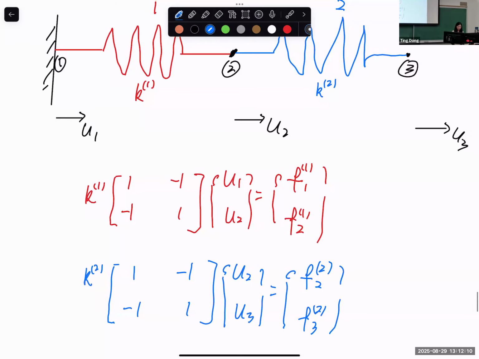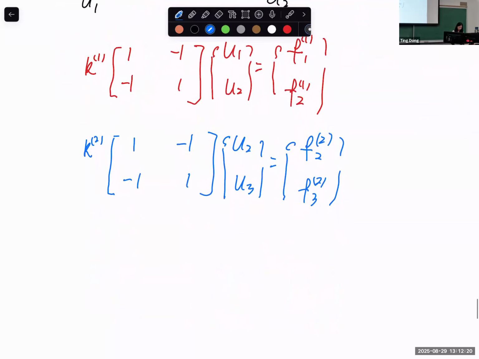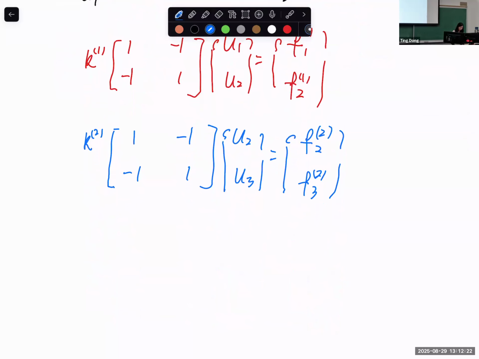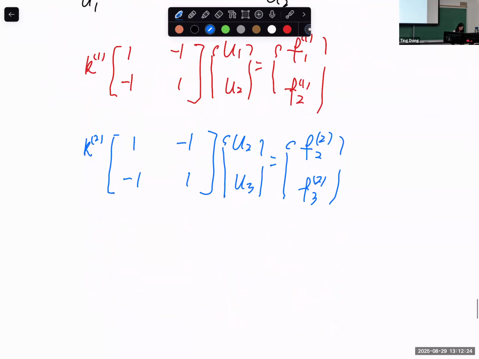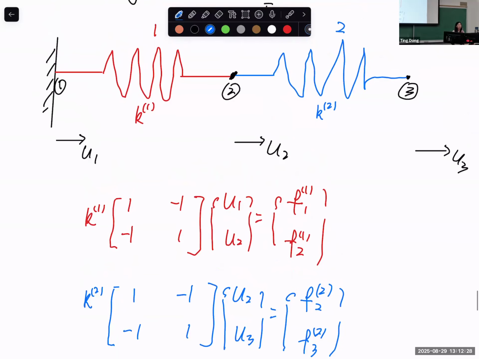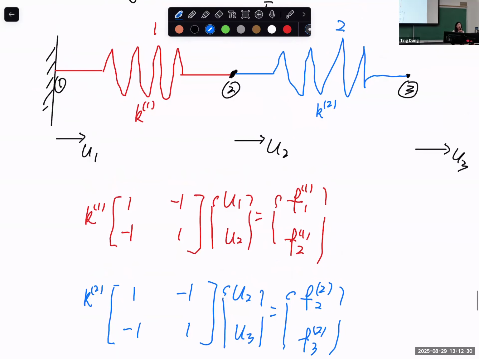Right. And now, of course, it's a system consisting of 2 elements. So we need to put these into a big matrix equation. So let's see how to do this. For the whole system, we have 3 nodes. Each node has 1 degree of freedom. So after assembly, we should have a matrix equation.